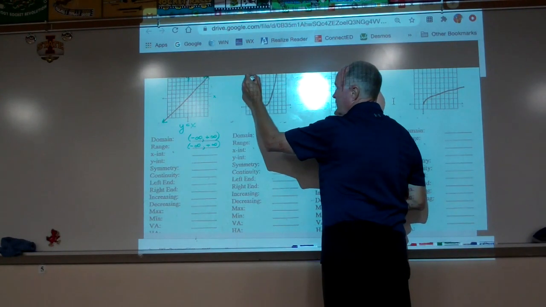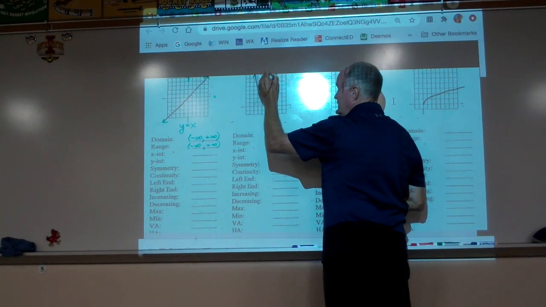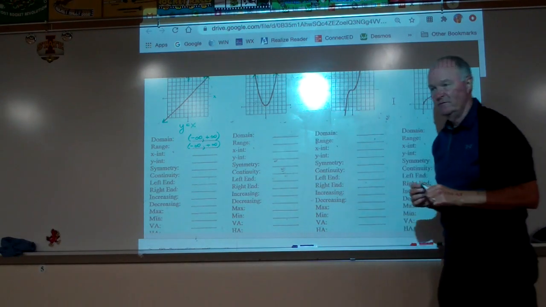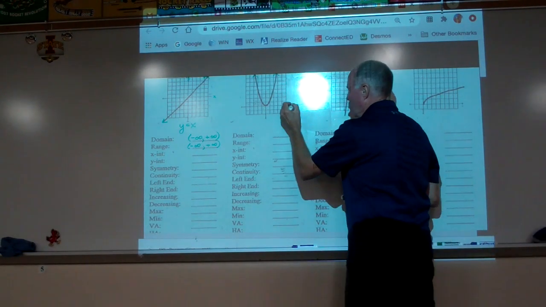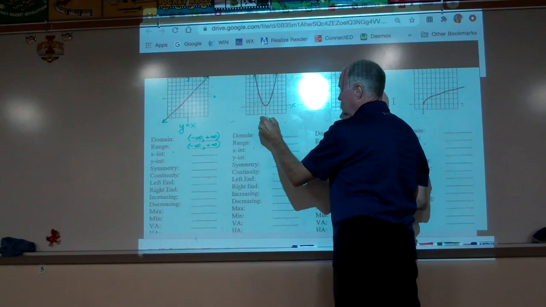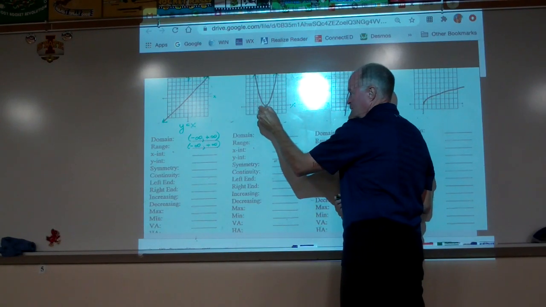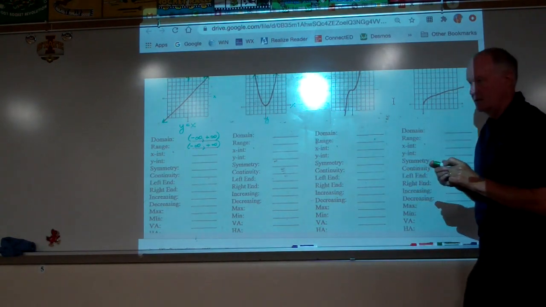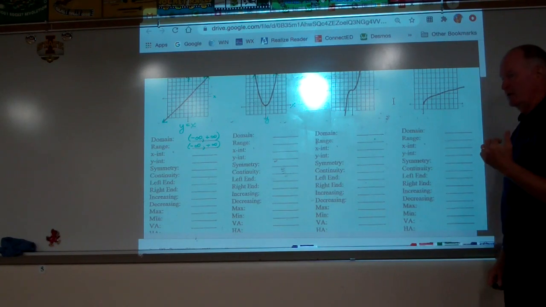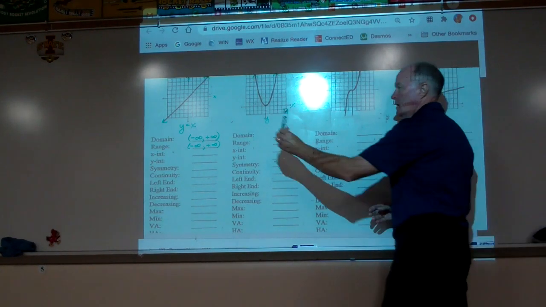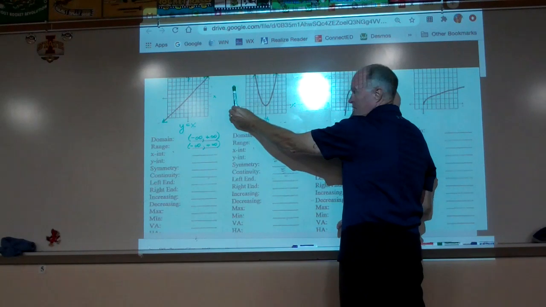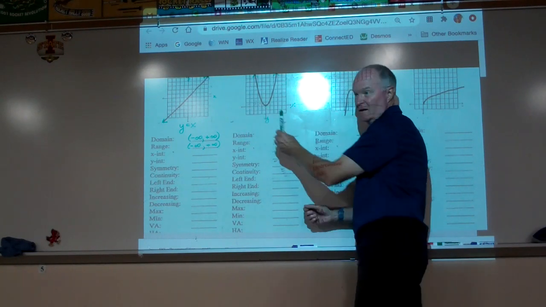Here's y equals x squared. You can put some arrows up there for yourself. And there's the x and the y-axis. The origin is right there. Now it's going to get a little weird, but here we go. As I go from left to right, what's the first thing I hit?